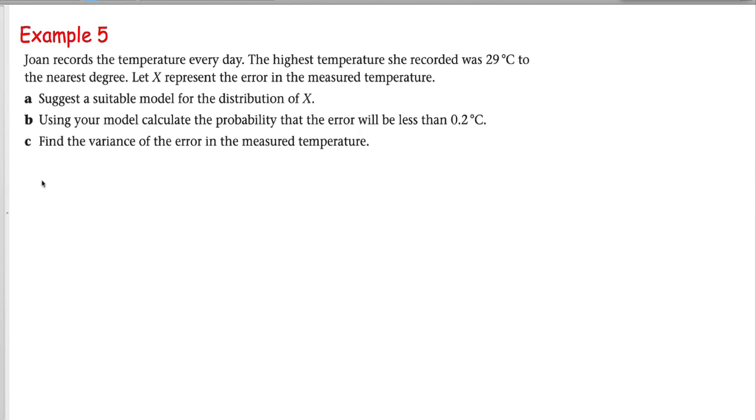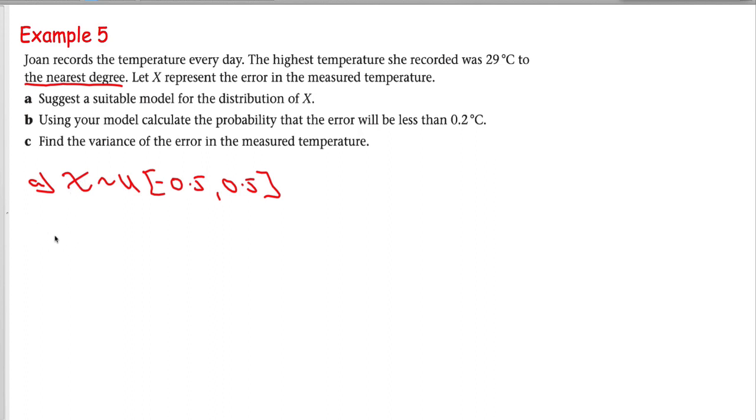Well, it would make sense if x is the error, so x is uniformly distributed. And the error, well, you could be off by minus 0.5 because it was recorded to the nearest degree, or you could be over by 0.5. So you could be below by half a degree or above by half a degree.